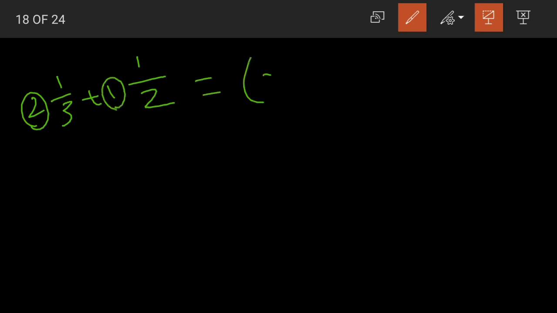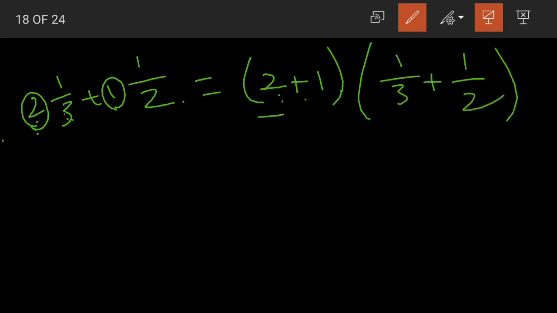So what we can do is put a bracket, add both the whole number parts, and then again open the brackets and now add the fractional parts. Add the whole number parts separately and add the fractional parts separately.